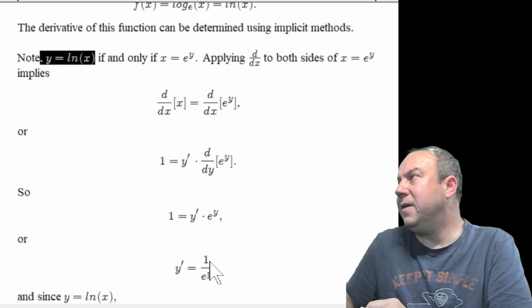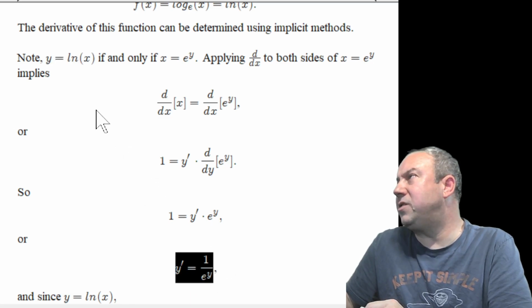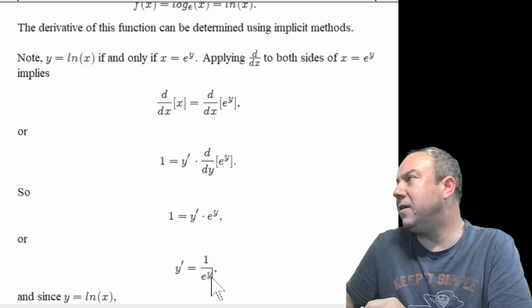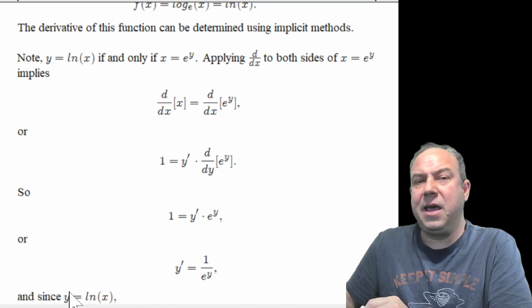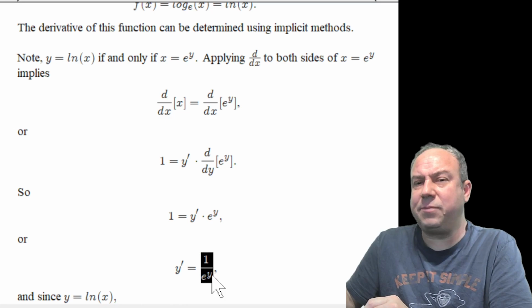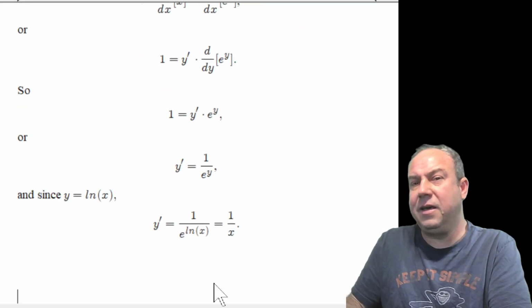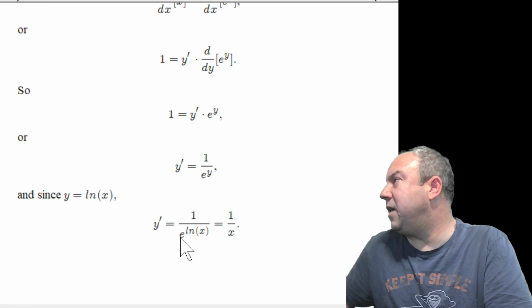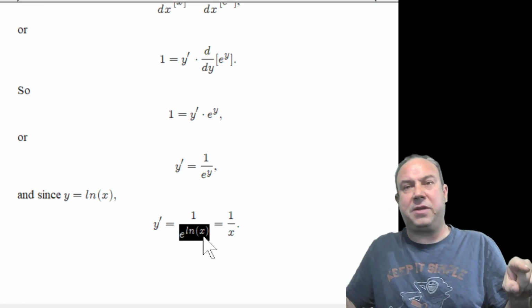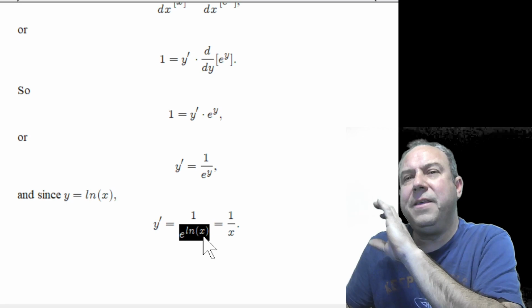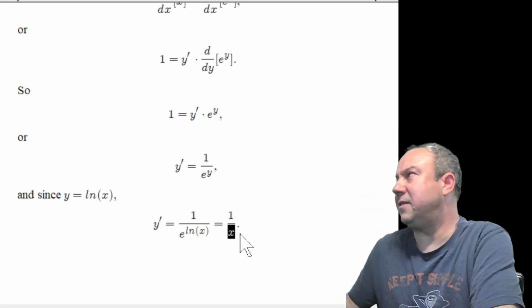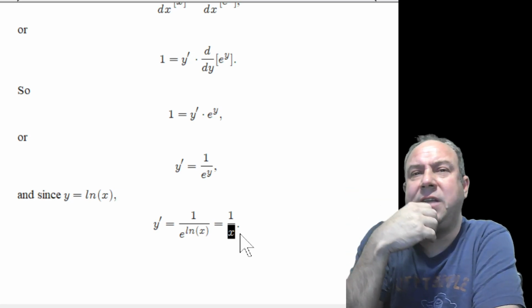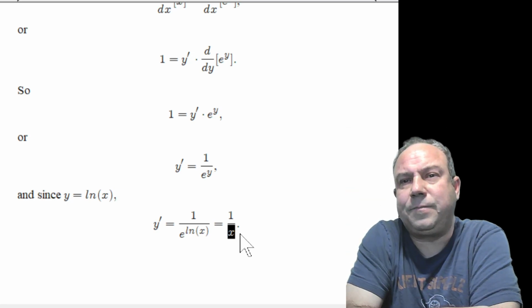Now, what you do notice is that y inside of e to the y is equivalent to the ln of x in our opening statement. Since y equals the ln of x, we can substitute that back in there, and with the inverse behavior of the natural exponential function and the natural log, they undo each other, and we're left with just the value of x after that substitution, letting y equal the ln of x.